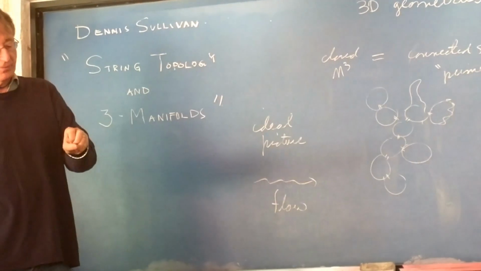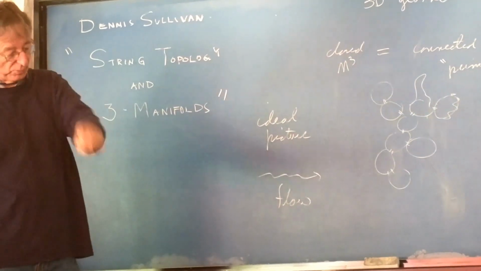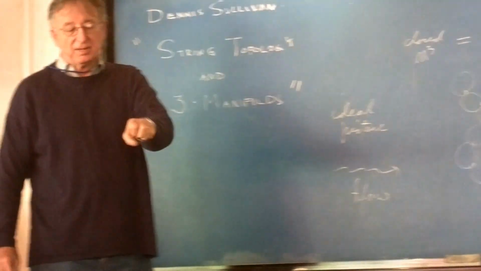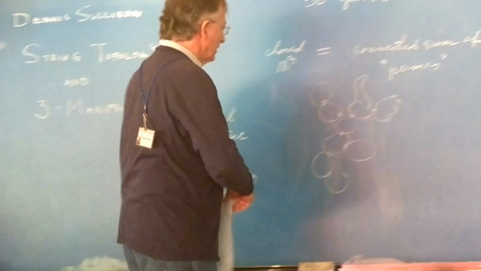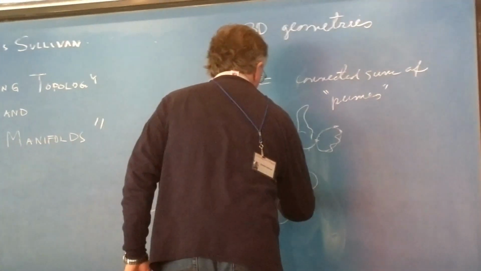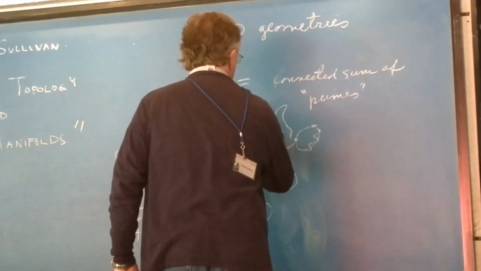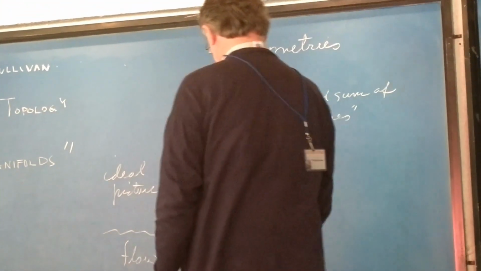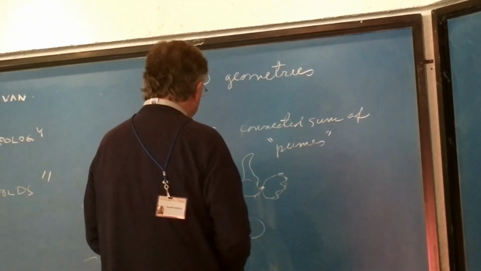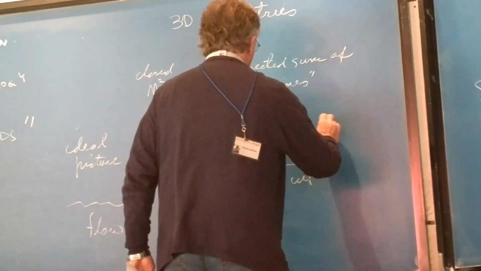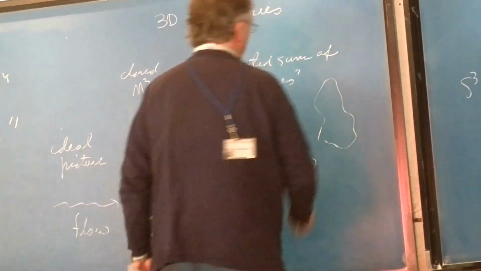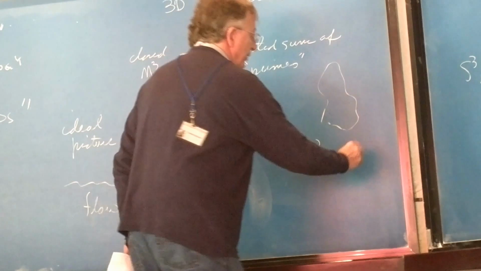And once they form and they get positively curved, then they quickly, in finite time, crush to points. They pinch off, so you get kind of a necklace. So you get the decomposition into primes produced by the flow. And then you can cut, and then you can look at one of these primes, and then you continue the flow.